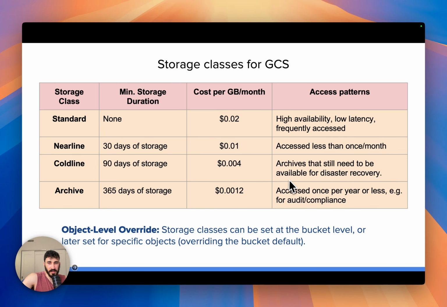And then the archive storage class is for true long-term archives and backups, things that need to be accessed once per year or less, like for audit or compliance purposes. Like you really don't know if or when the data is going to be accessed ever, but you don't want to delete it. And storage classes can be set at the bucket level, but they can also later be set for specific objects.